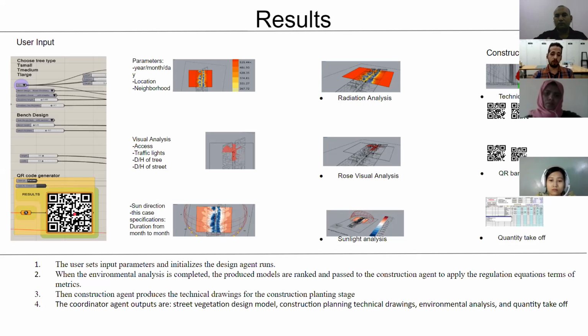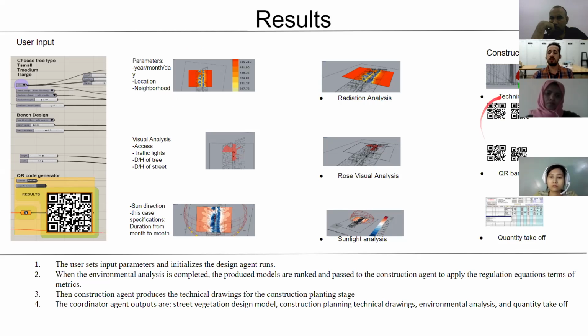We have proposed 3 bench designs, and then the user can choose the size of the bench, and the program will start running and automatically produce a QR code for the quantity takeoff.